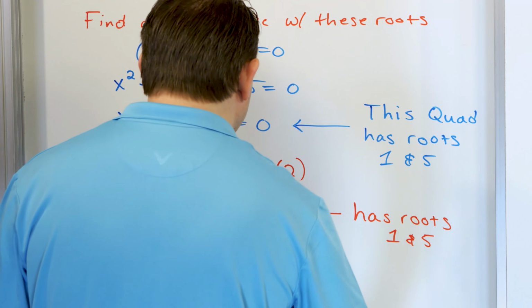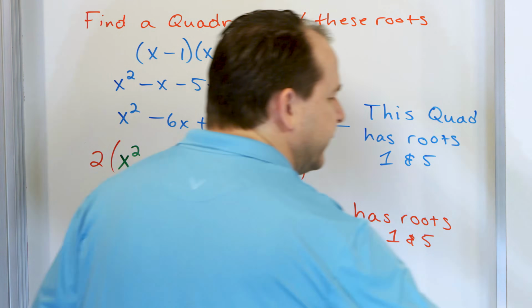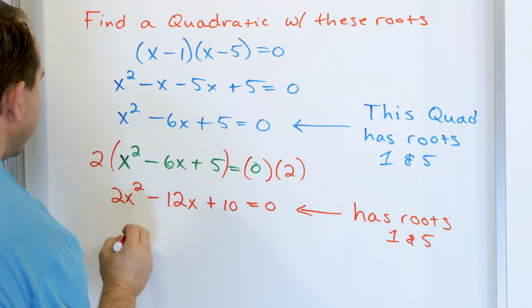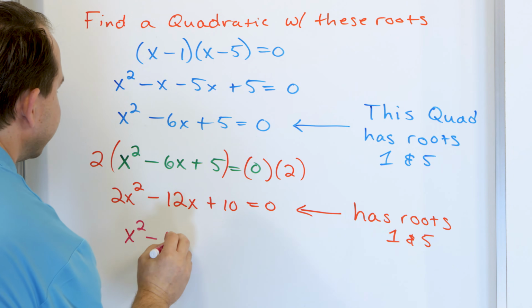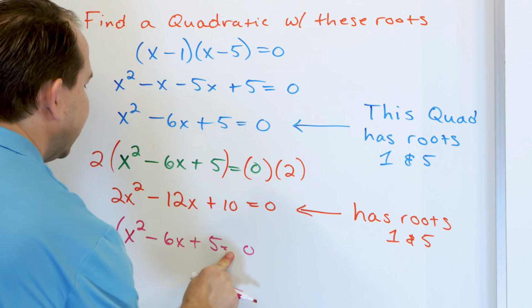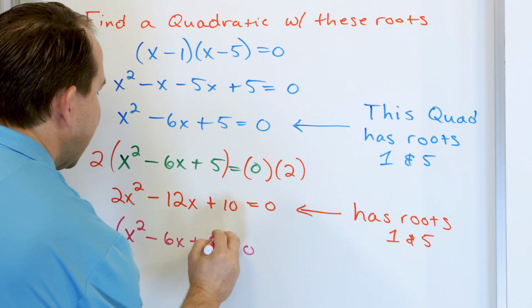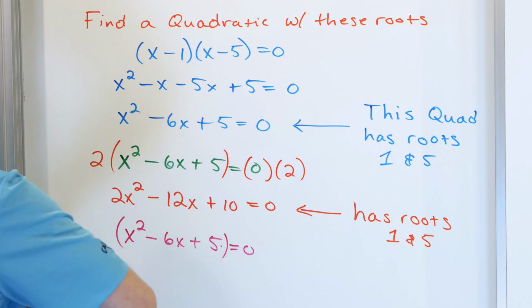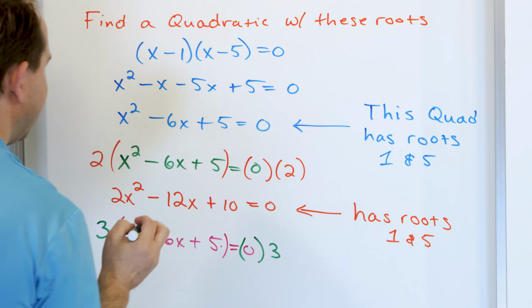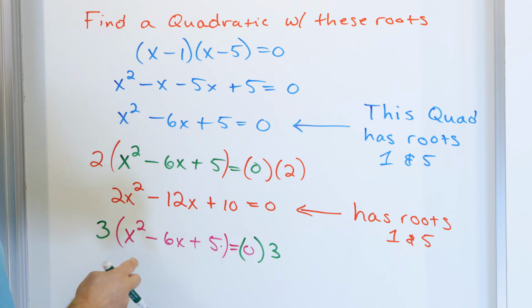And just to bring it home, let's go back to the original quadratic that we had. Let's say we start out with x squared minus 6x plus 5 equals 0. I can multiply this quadratic by, let's try 3. So if I multiply by 3 on the left, I've got to multiply by 3 on the right. So if I do that, what am I going to get?